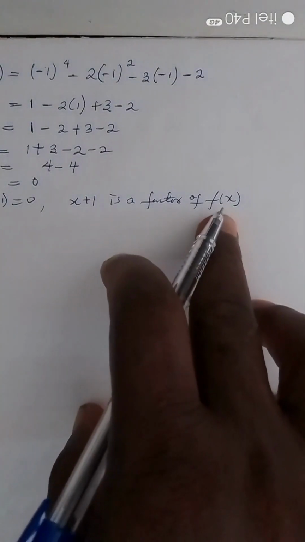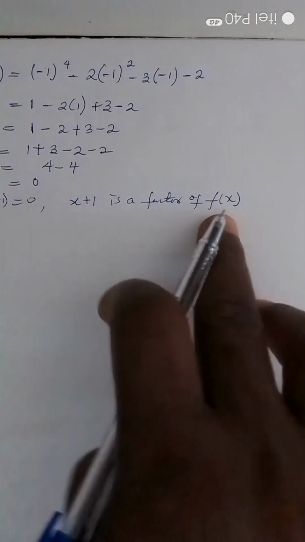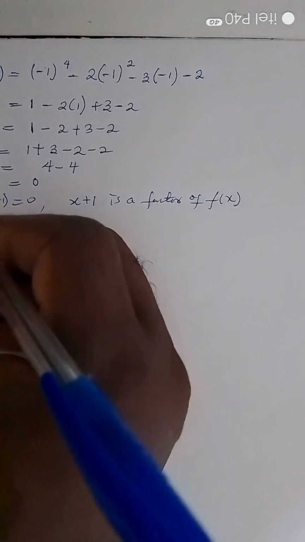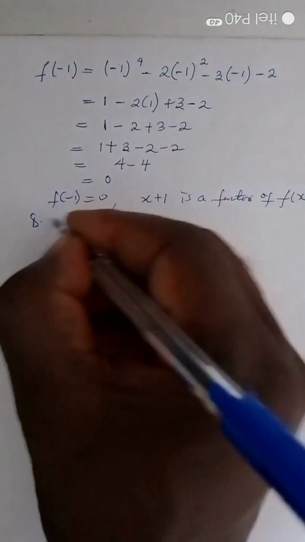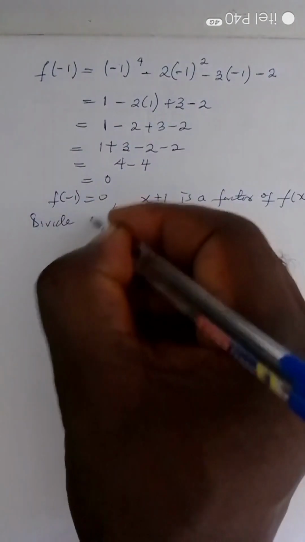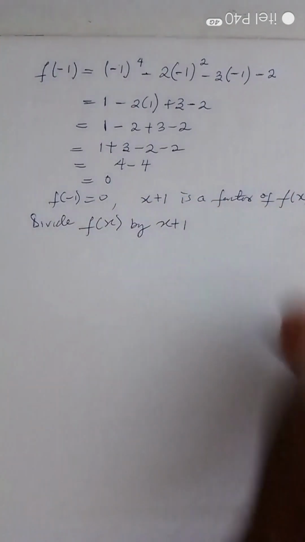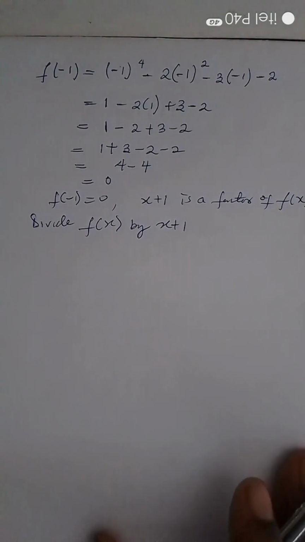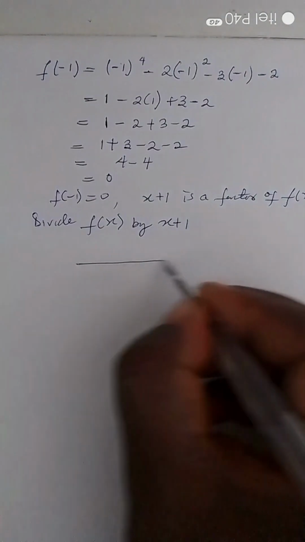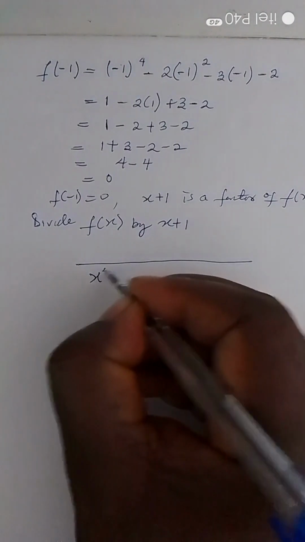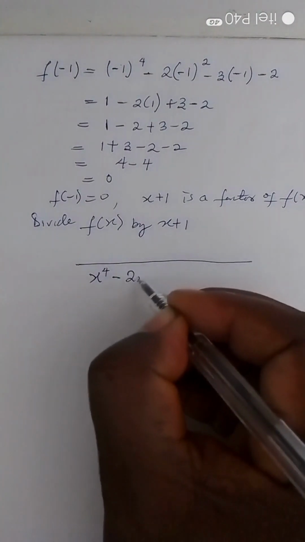So we now have to divide the polynomial f of x. So we divide f of x by x plus 1. Of course, we know what our f of x is, so we use the division of polynomials for that. So we have x to the power of 4 minus 2x.